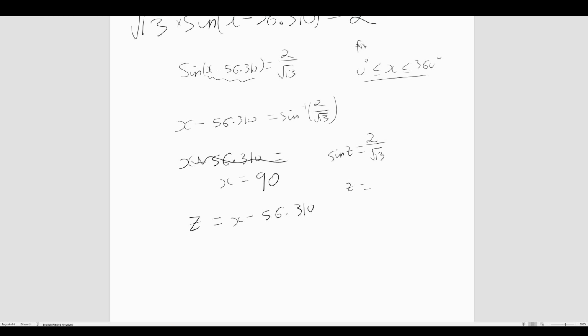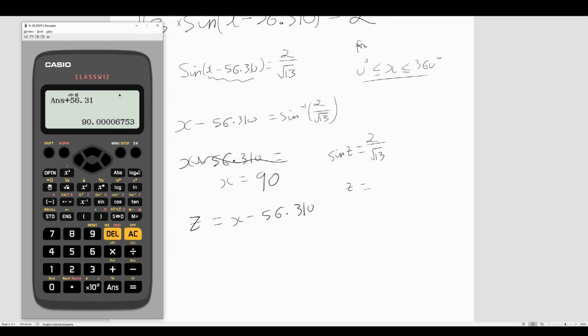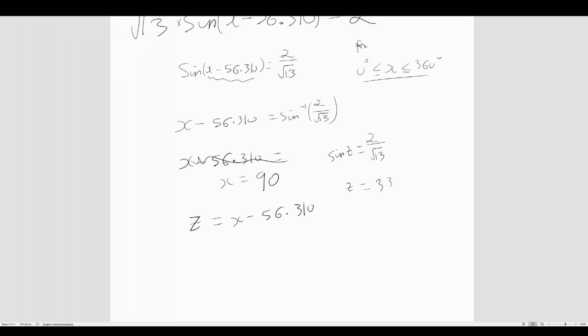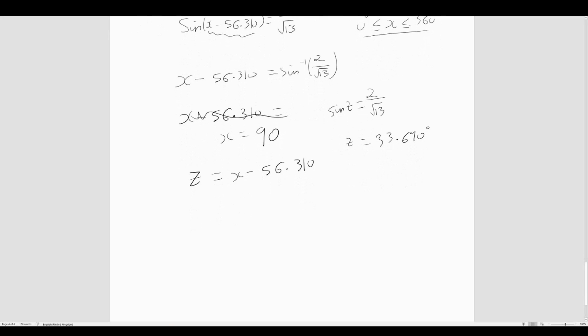So let's have a look at the values of z that we get, and then we can just use the substitution to get x. So I have shift sine 2 over root 13, 33.69. So that's my value for z.